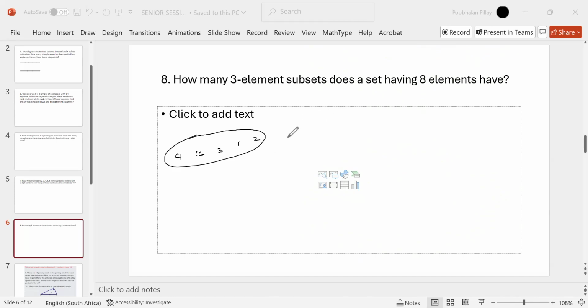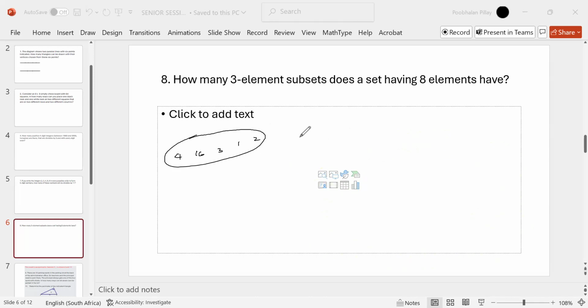Then you can see, well, how do I list the 3-element subsets? The way to do that is just like what we did before, right? You list down all the 2-element subsets, and we saw that there were 10 of them. We actually just list them down, and then you eliminate those pairs away.